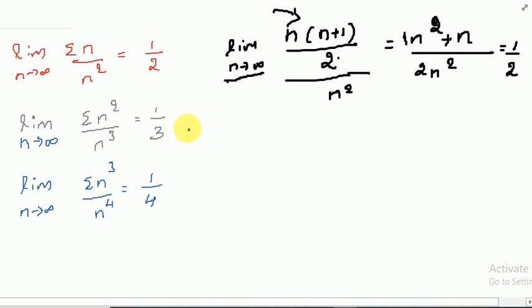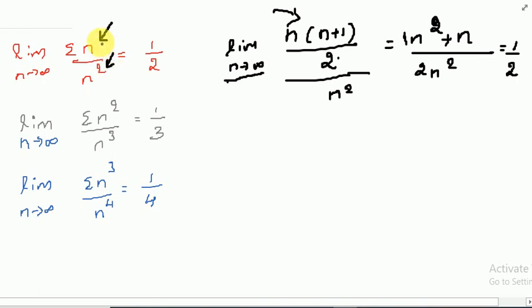Okay, but I will give you one more important shortcut to remember all these results. Whenever it is in the form of summation of n divided by n square, or summation of n square divided by n cube, what is the degree in summation of n? I am not asking after expansion. In the given question, summation of n means degree is 1. Here it is only n square, degree is 2.